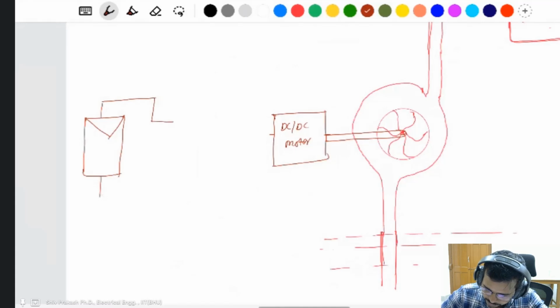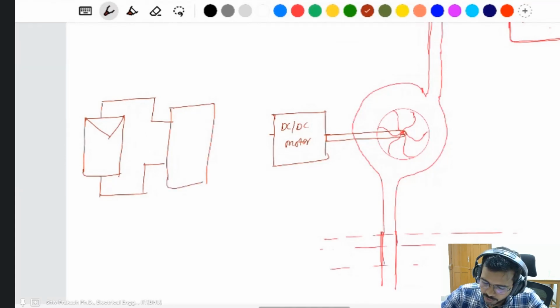A DC-DC converter is used to drive the motor, to keep the output voltage constant to drive the motor. Then it goes as supply to the motor, so the output of the converter is the input of the motor.